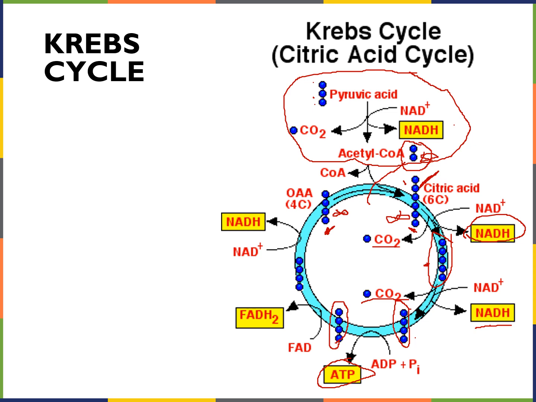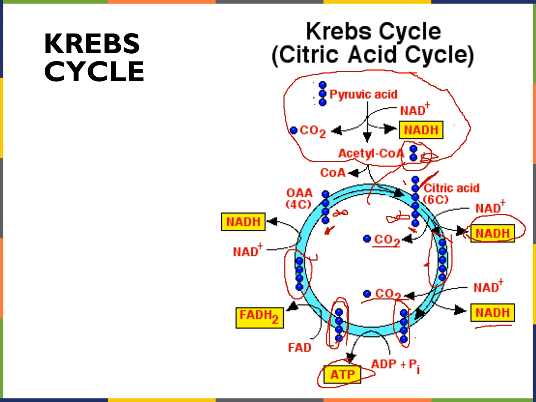Okay, next we have a 4-carbon backbone. And over here, the next product is a 4-carbon backbone. Again, no carbons were lost. The only thing that happened was molecular rearrangement. But now notice, we see for the first and only time, we see a new electron acceptor. That electron acceptor is FAD. This was mentioned in my last lecture because it is an electron carrier. It carries electrons in the form of hydrogen.